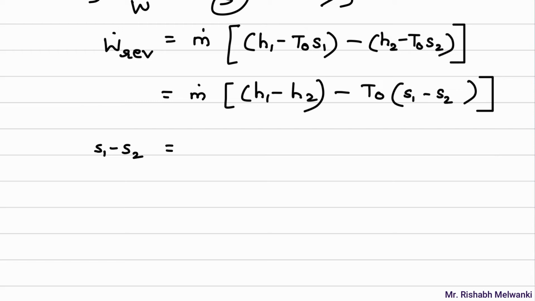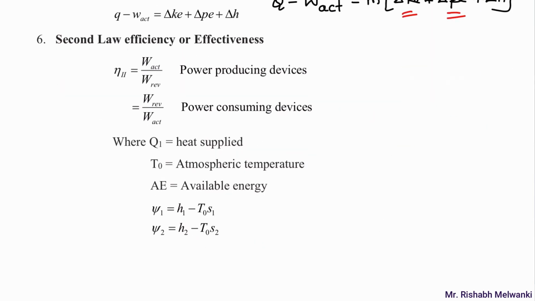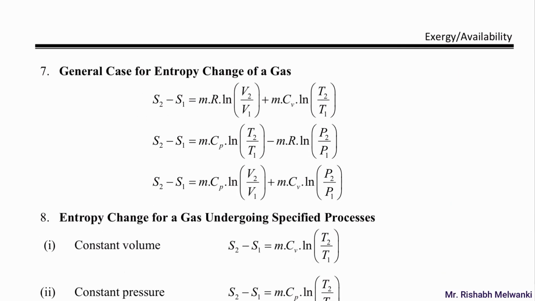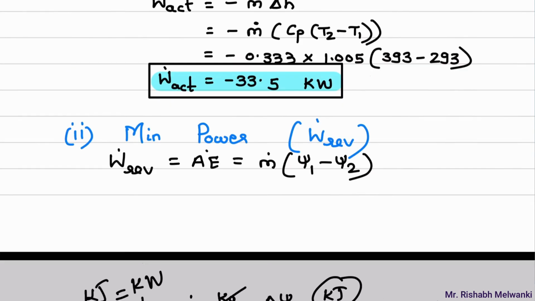You need to refer to the entropy module equations. In the formula list itself I have given the entropy equations as well, in the availability module. Now for point 1 and point 2, see what data has been given in the question.